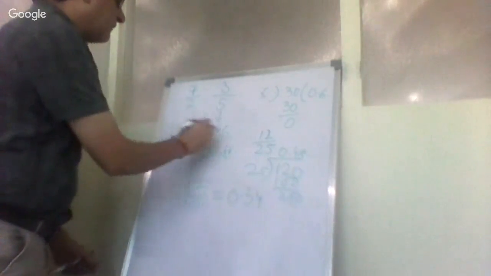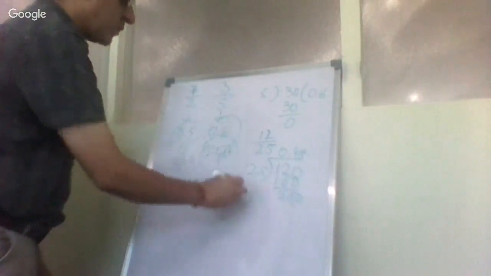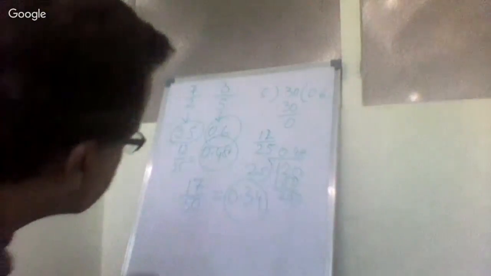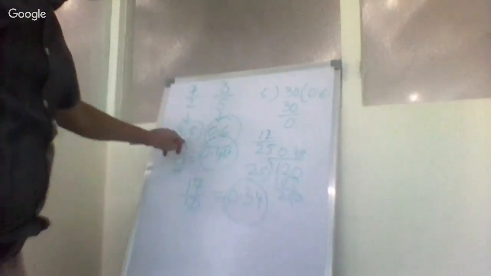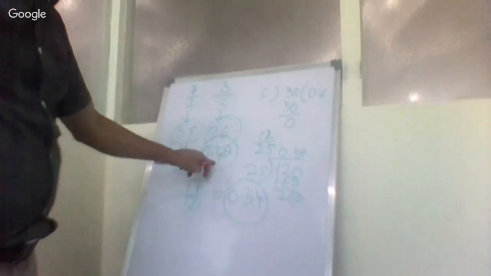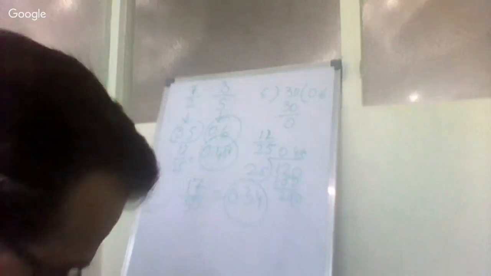Here we got 3.5. Here we got 0.6. Here we got 0.48. Here we got 0.34. In all these divisions, after one decimal place we got remainder 0, here also after one decimal place, and here after two decimal places, and also after two decimal places. Did you notice that? Yes, sir.